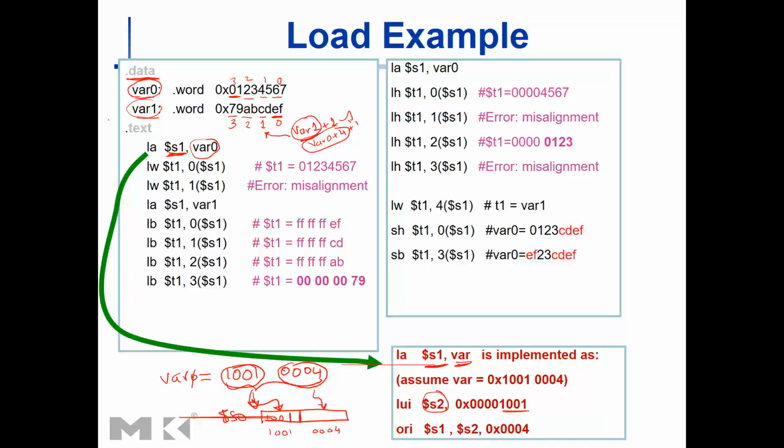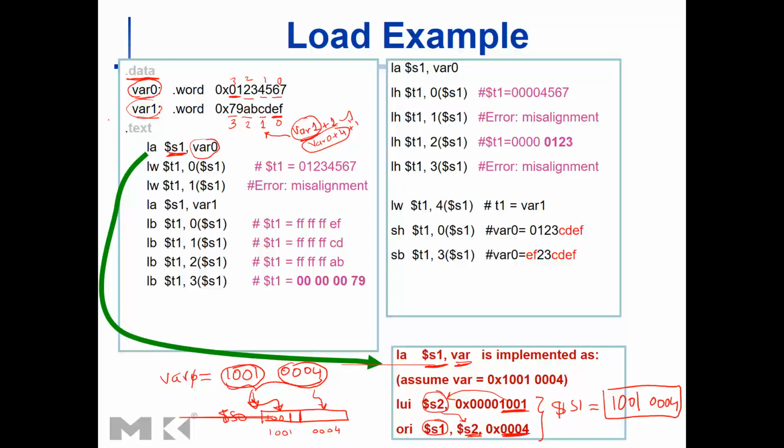So I'm moving this to the upper part of the intermediate register, and then we are ORing this immediate 0004 with the register that I have on the upper 1001, and saving the result in S1. At the end I'll have S1 equals 10010004. That's what I need.